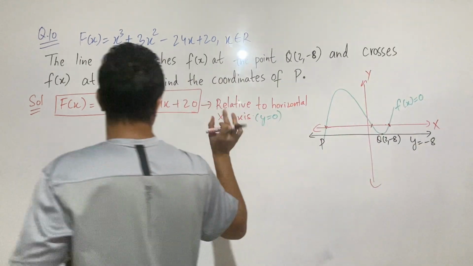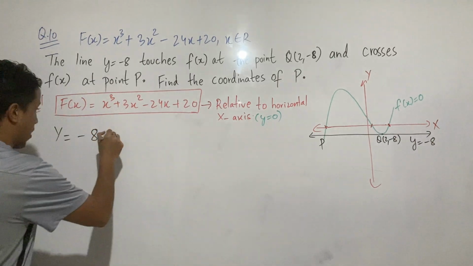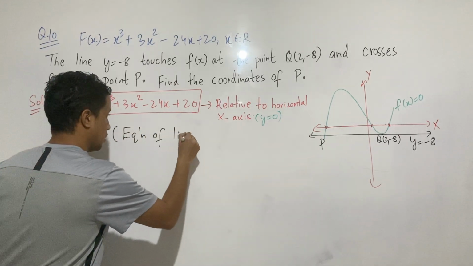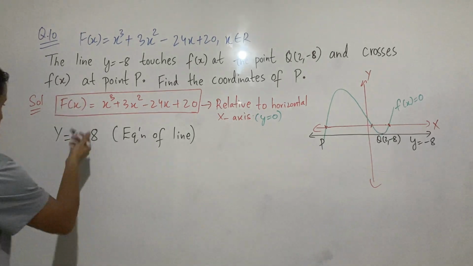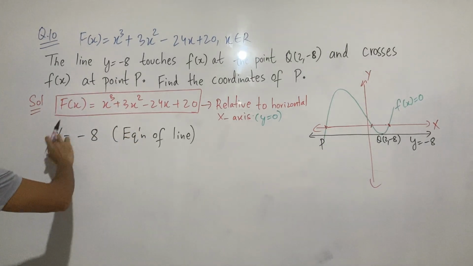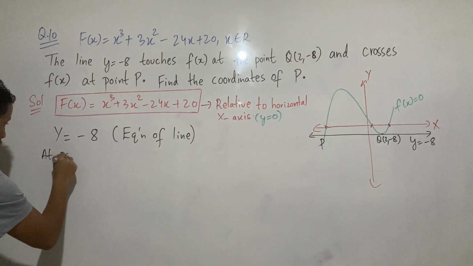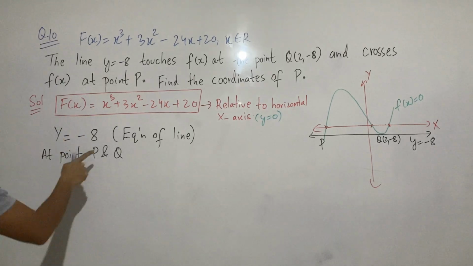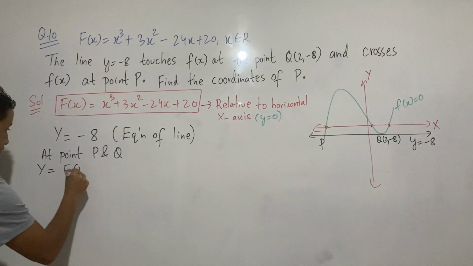So what does it mean? y equals -8 represents the equation of a line. Now, because y is f(x), at points P and Q I can write y equals f(x).